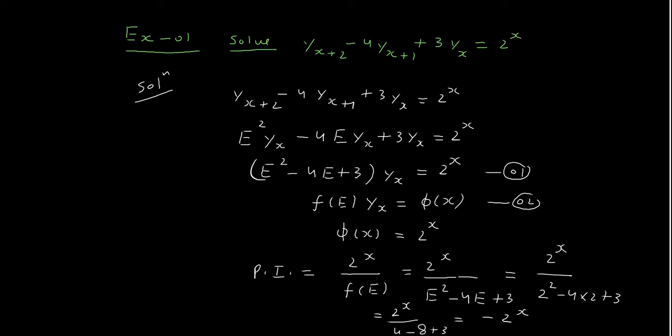As we know, the solution of any difference equation, if it is in the form of a linear difference equation with constant coefficients, means if a given difference equation is a linear difference equation with constant coefficients, then the solution is yx equals complementary function plus particular integral.